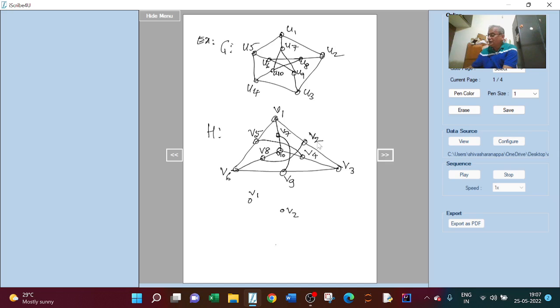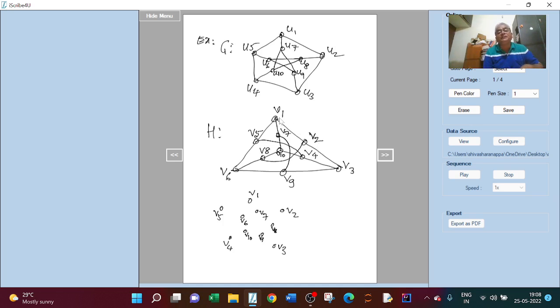I will take this point as V3, and this is our V4 and V5. Here V6, here V7, here V8, one more vertex V9, another vertex V10. So first we have taken the vertices, then I will add the edges.